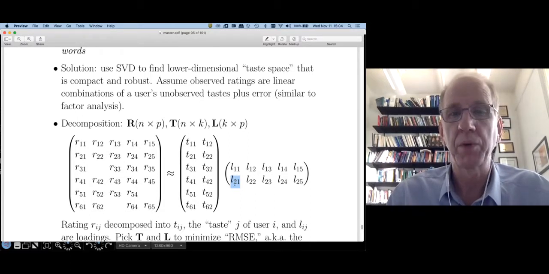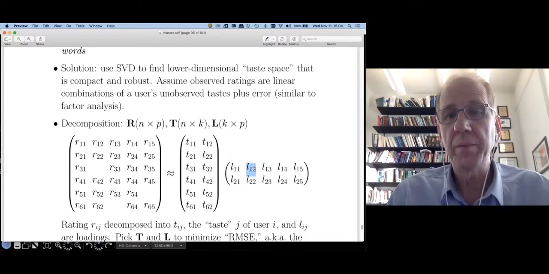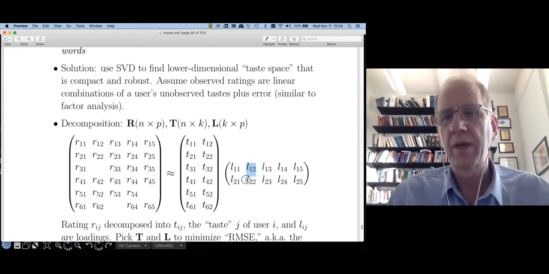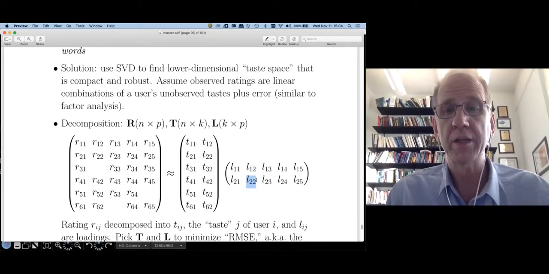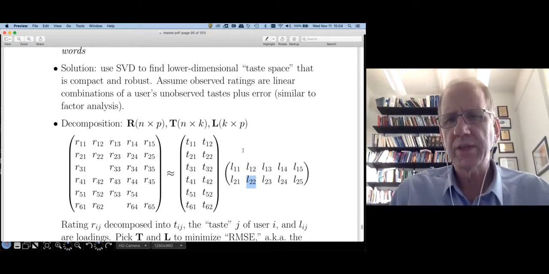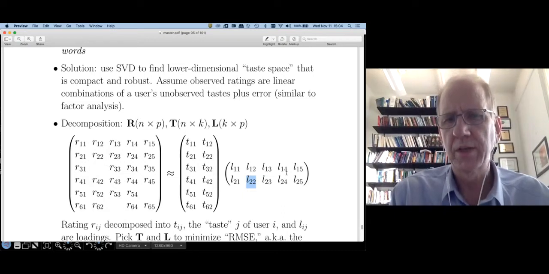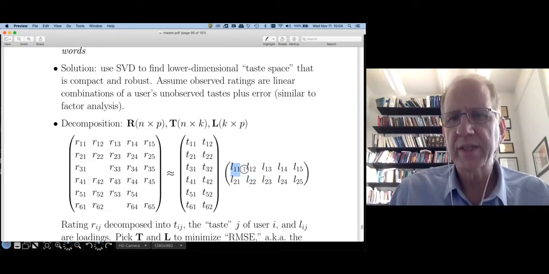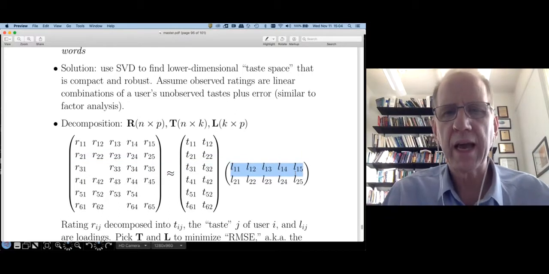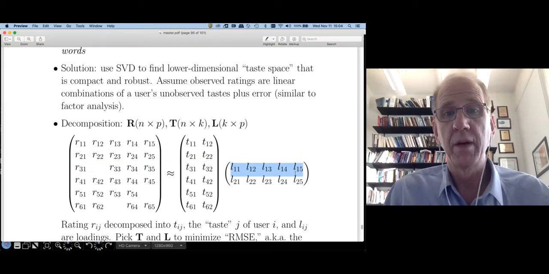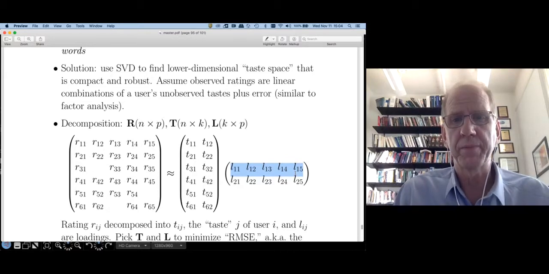You could think of having both in there, or one, or neither. This is going to be how much movie 2 has comedy, and this is how much movie 2 has romance. Think of this as the item profiles in content-based filtering. The only difference is, rather than having some attribute that we can agree on, these are going to be latent attributes that are discovered by the machine learning algorithm.